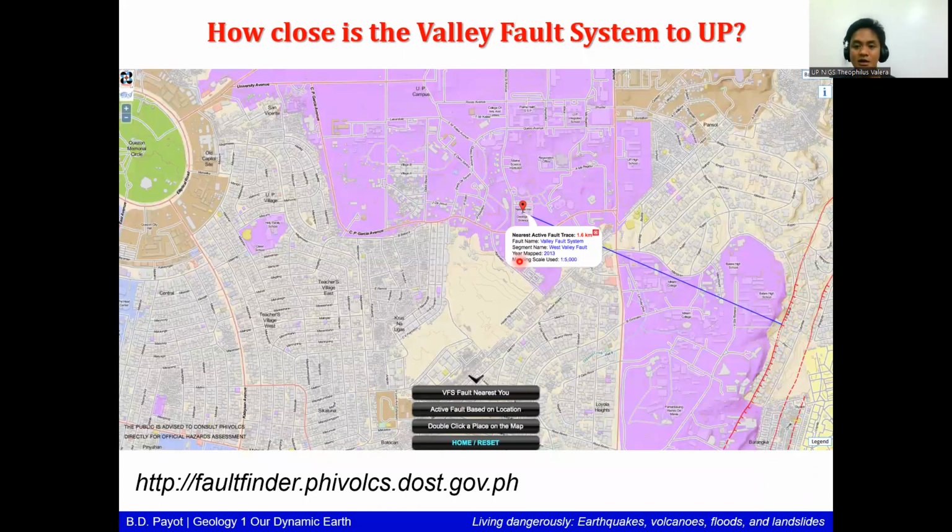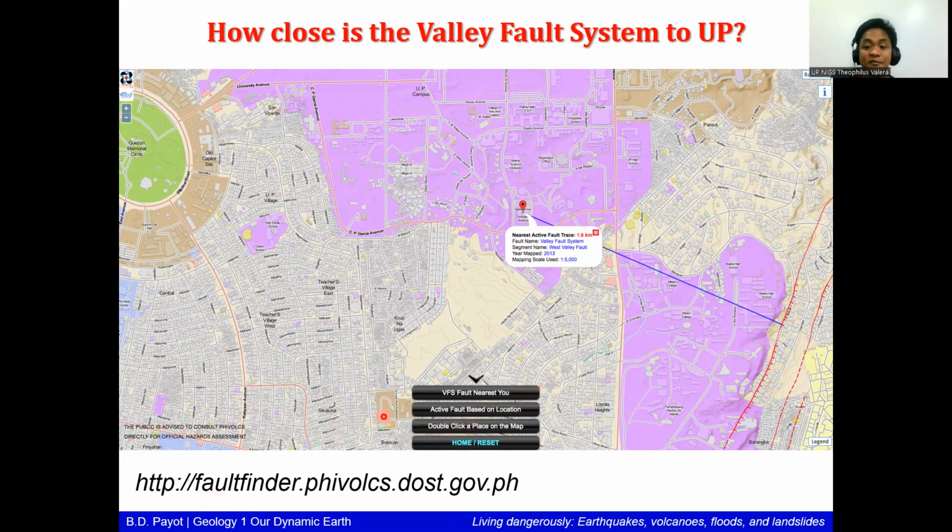Even if hindi Manila yung permanent address ninyo, since dito kayo nag-aral and most likely naka-dorm kayo or naka-house kayo somewhere dito sa Metro Manila, you should consider this trace of fault sa hazard assessment.